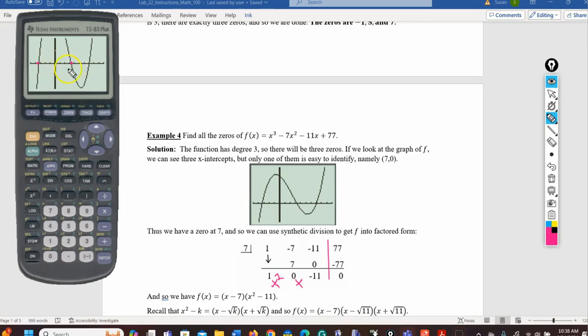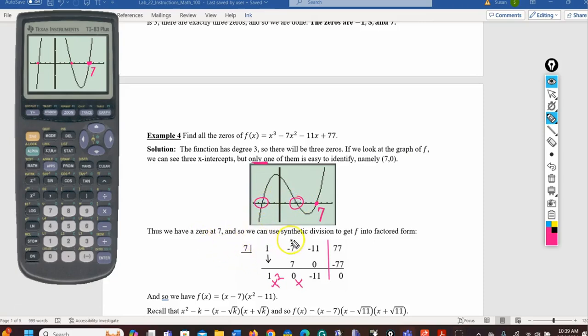I do not know what it is exactly. But this one here, luckily, appears to be a whole number. 1, 2, 3, 4, 5, 6, 7. So if we look at the graph of f, we can see there's 3 intercepts, but only one of them is easy to identify, namely the one at 7, 0. So we have a 0 at 7. I don't know where these are at.